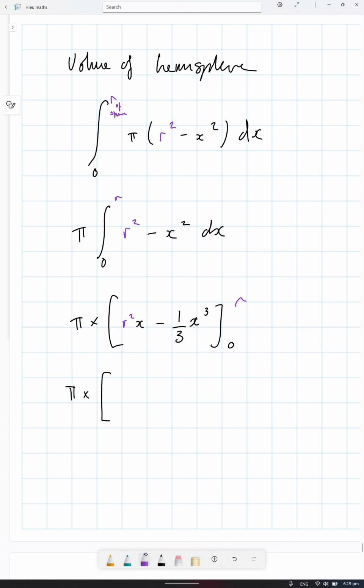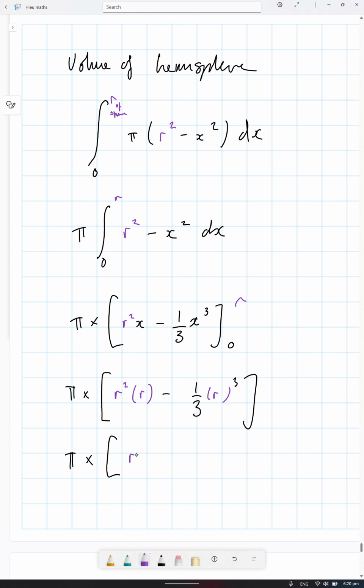Let's just do it really quick. Pi multiplied by, so we have r squared. We substitute r into x, so multiplied by another r, minus 1/3, put in r, and then we're going to cube it. And technically this whole thing minuses 0 substituted in, but that turns out to be 0, so there's no point doing that. So now let's do the inside first.